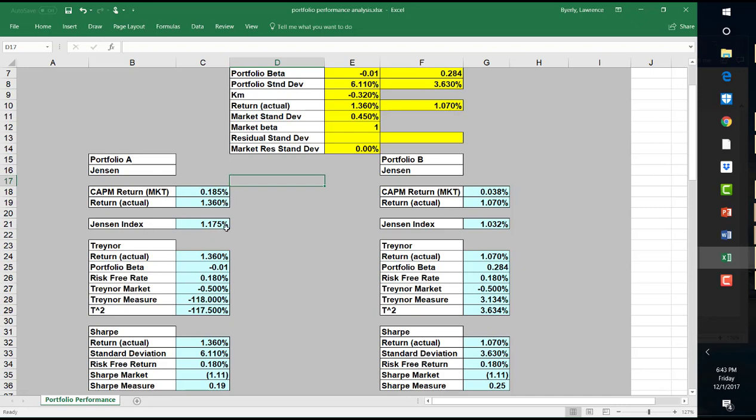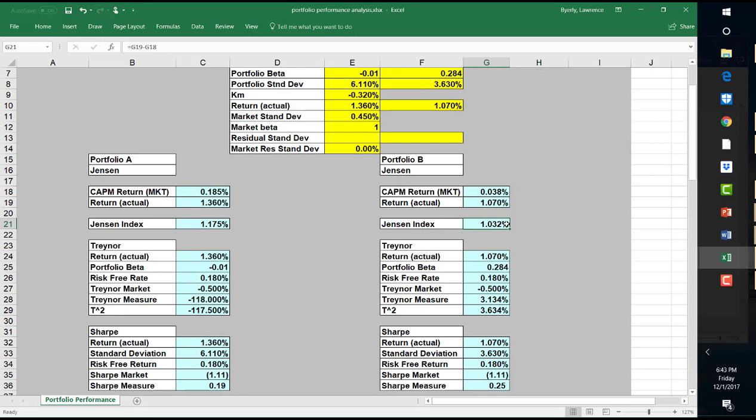So the Jensen Index measures 1.175. So we're doing better than the market in general, but when you compare that to asset B, we can see that asset B has a lower Jensen Index. So it's saying that B does a worse job of performing. It doesn't do as good a job, if you will, as A.